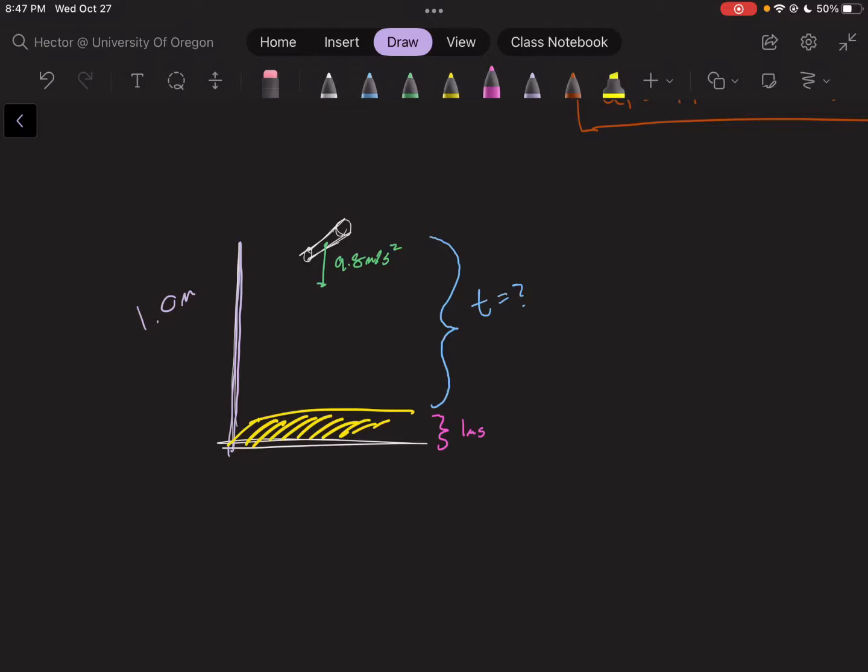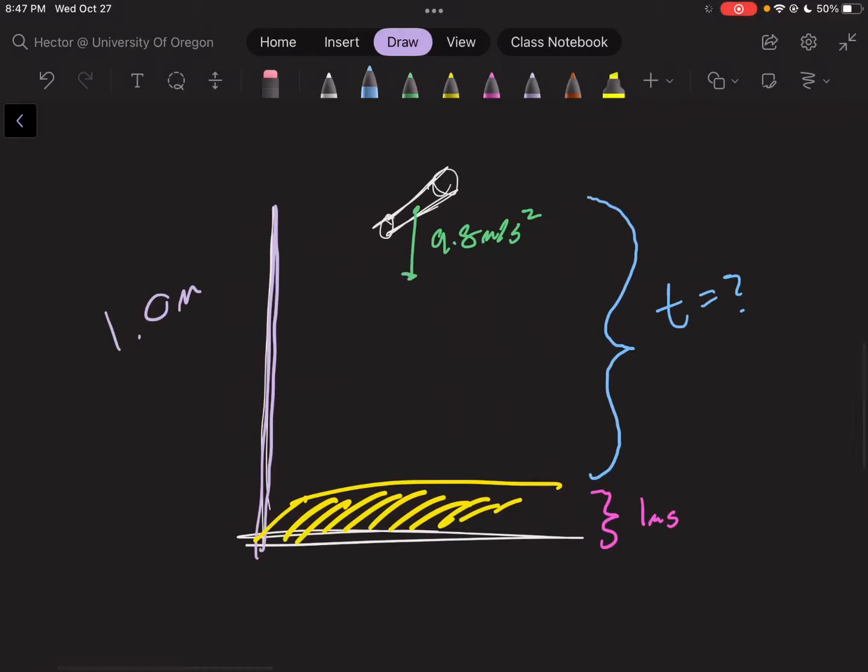How quickly does it decelerate to get to that 0 position? There are a few things we want to keep in mind here. We have this initial velocity up here, and for this blue chunk of time we have a velocity final.